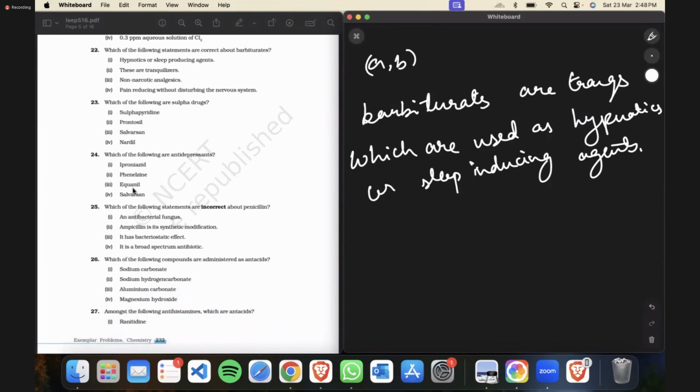And the third, which of the following are sulfur drugs? So sulfapyridine and prontosil are the sulfur drugs. Salvarsan and Nardil are not.